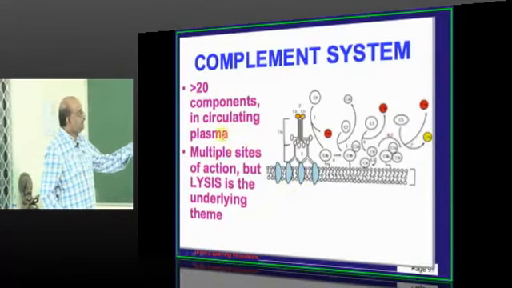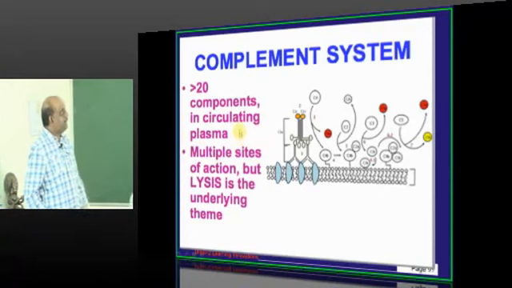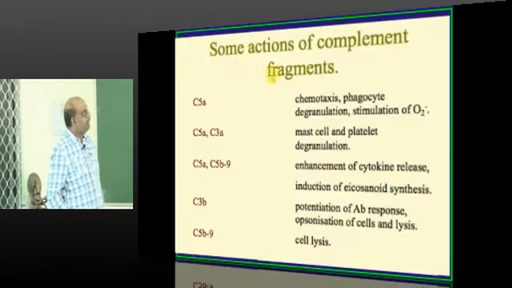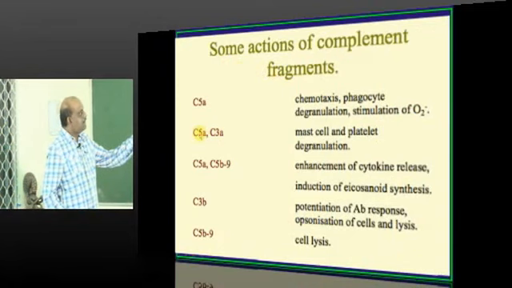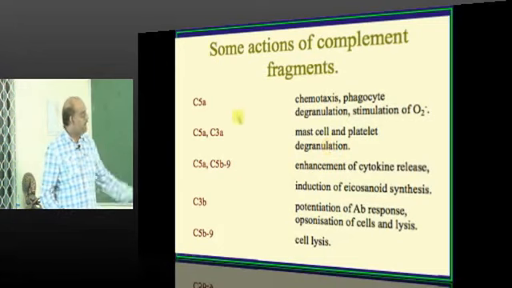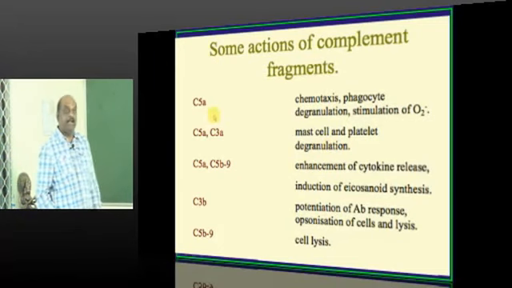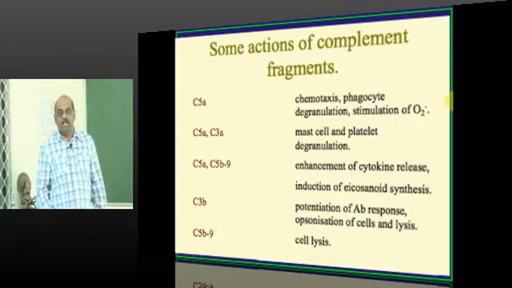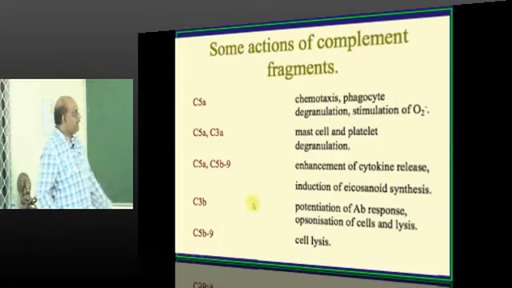More than 20 components will be circulating in the plasma, the complement system. Then C5a, C3a are anaphylatoxins. Then what can C5a by itself do other than being an anaphylatoxin? Chemotaxis, phagocyte degranulation and stimulation of superoxide radical formation.